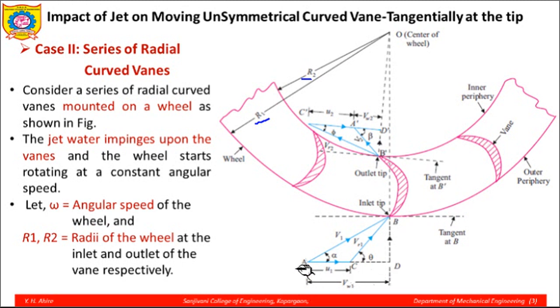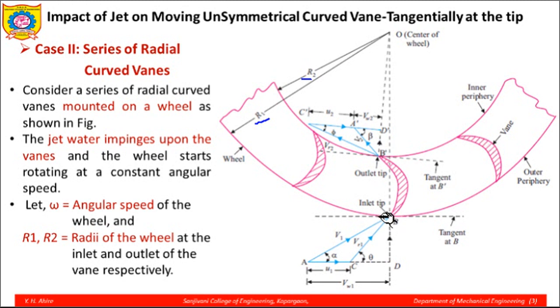V1 is the absolute velocity of the jet produced by the nozzle and it is supplied at angle alpha with respect to the tangent to the wheel at the inlet tip. Now the net effect of V1 and u1 is that the water will effectively enter with the relative velocity VR1, which is tangential to the vane at the inlet tip.